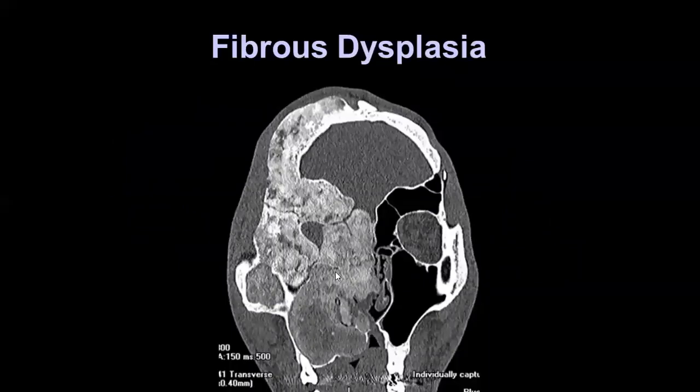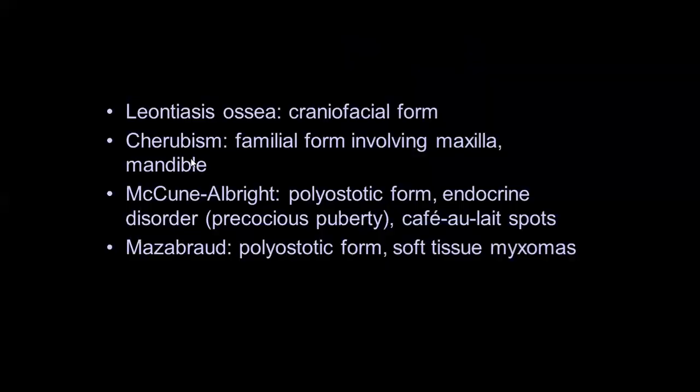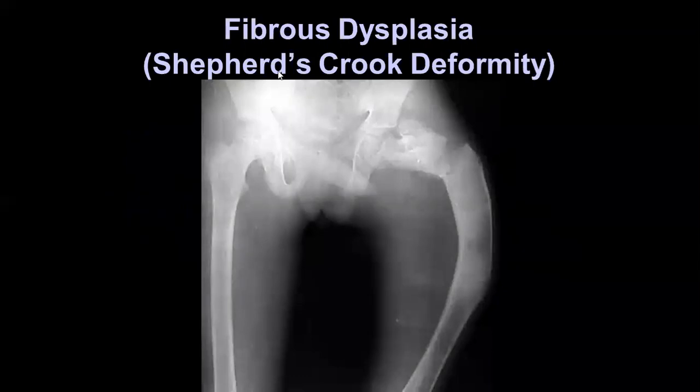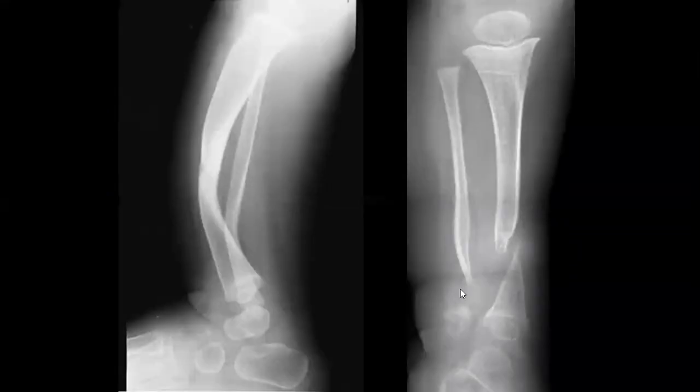So this is what we just mentioned. And fibrous dysplasia, when it involves the femur, it has this typical appearance.